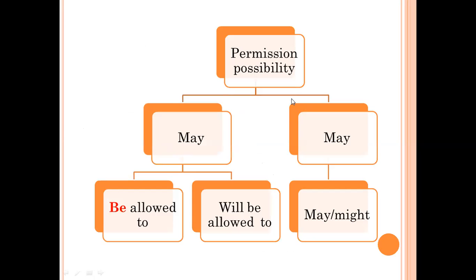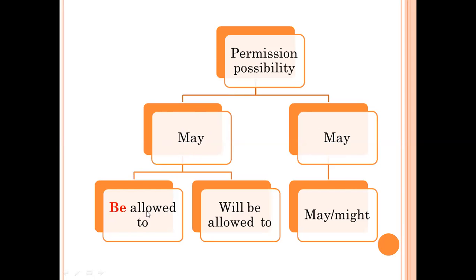The other modal we learned was the modal to express permission or possibility. That modal is may, for both, right? Here is poder and here is puede que. When you want to express permission in the past, you should use this one, be allowed to.